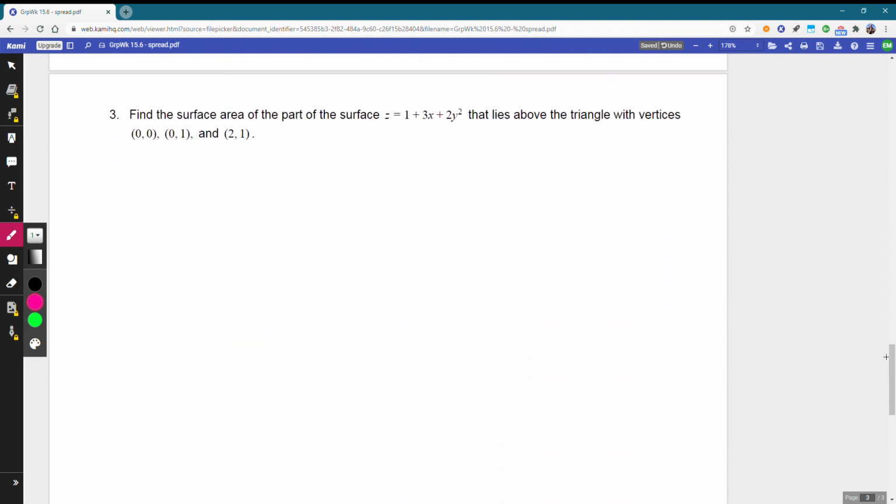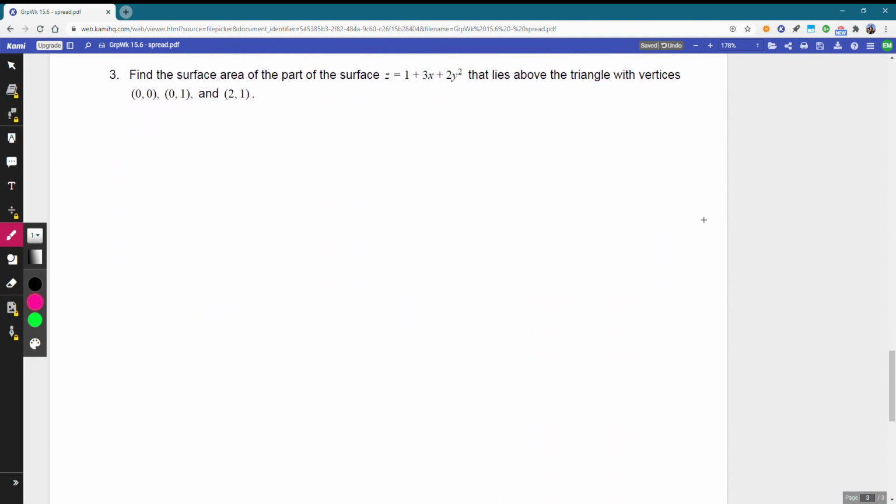All right, last one. Surface area of the part of this surface that lies above a triangle. All right, once again, thinking about what we need, a function, and we need to know our region D. And so over here, we have our function, and we are given our region over here.